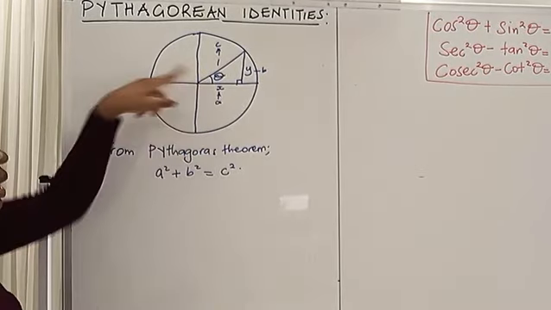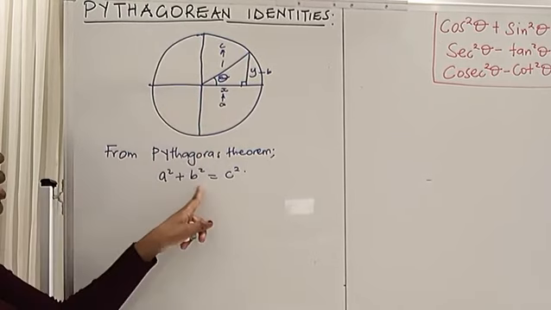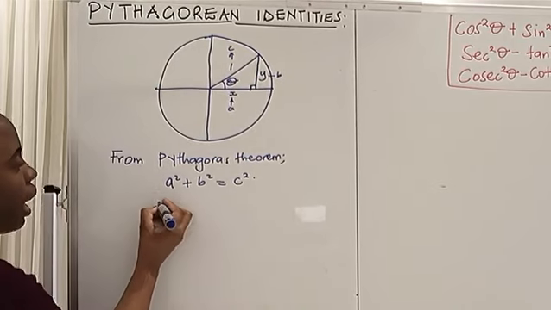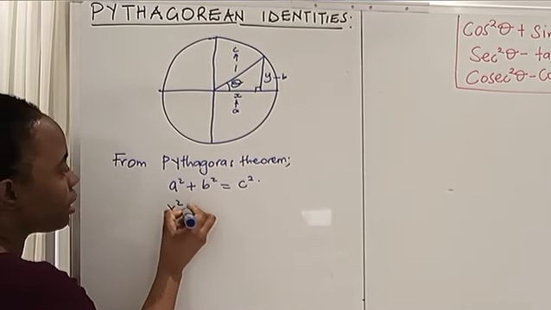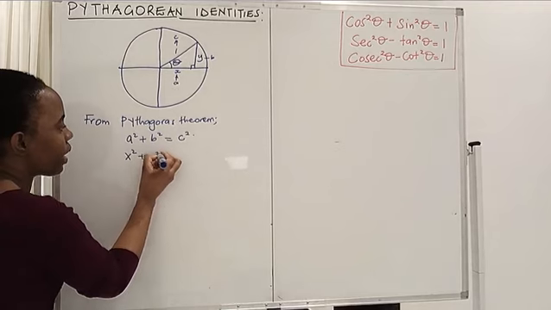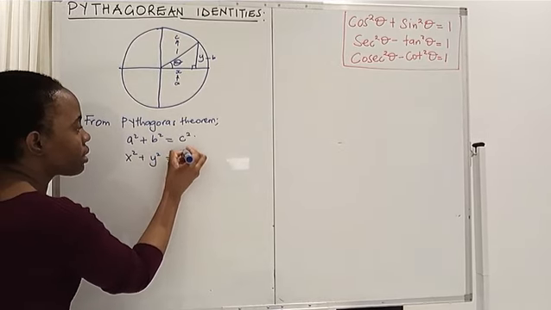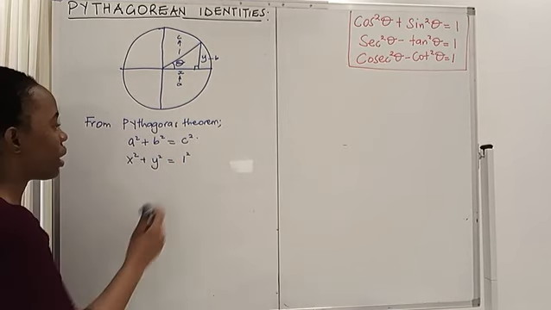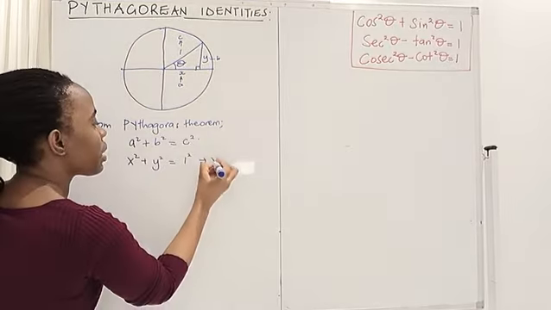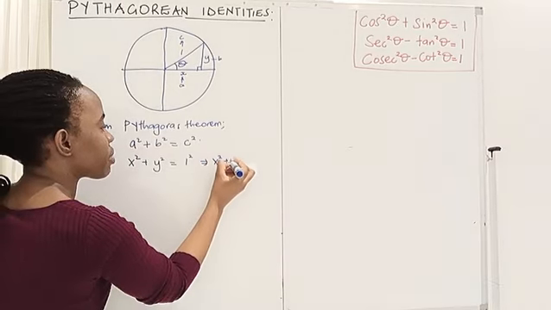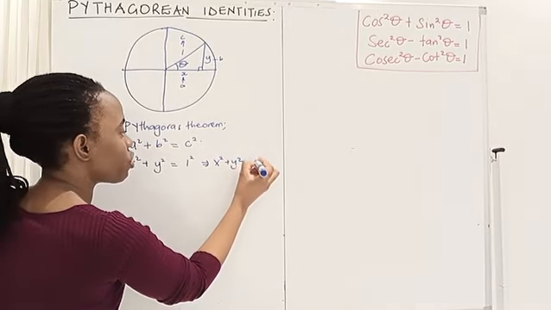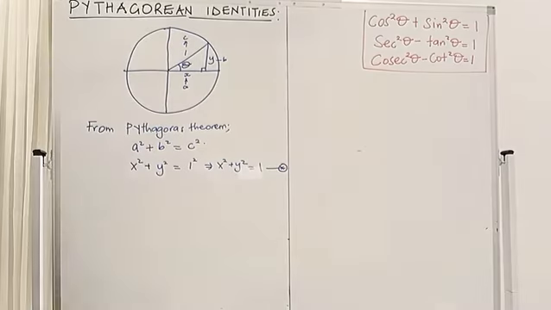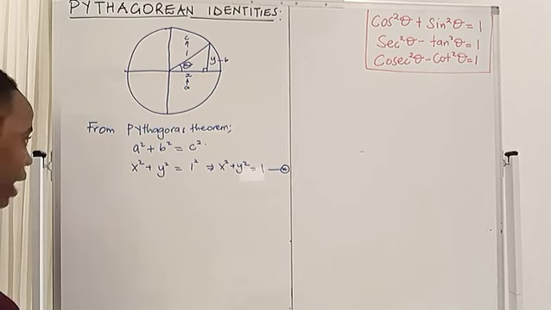Now I'm going to replace a with x, b with y, and c with 1. So I will have x squared plus y squared equaling to 1 squared. But we know that 1 squared is always 1. So this implies that x squared plus y squared is equal to 1. Now let me name this one equation star. Let me keep that one at that.